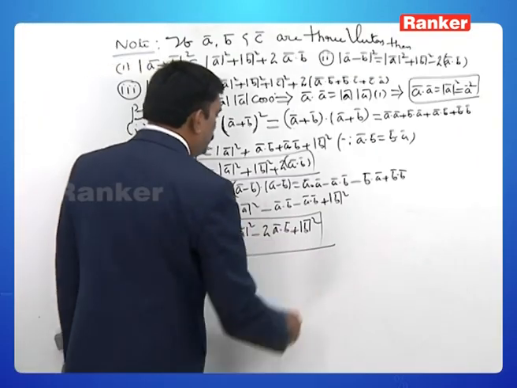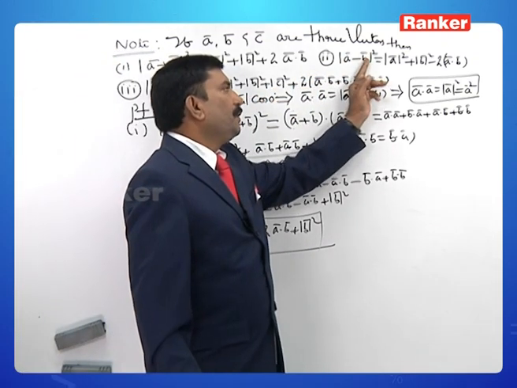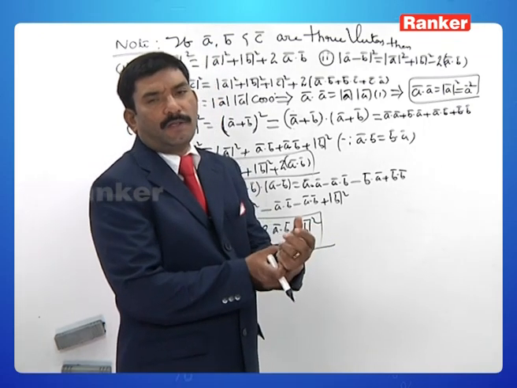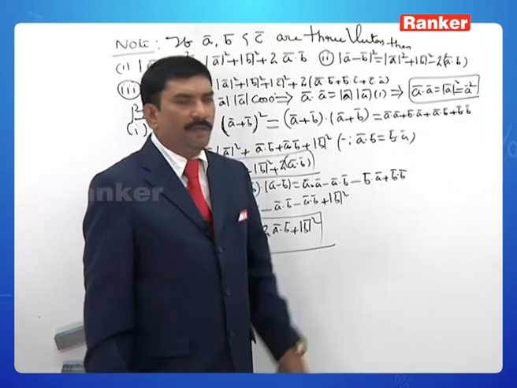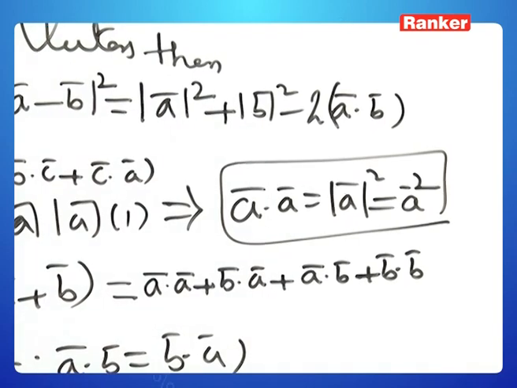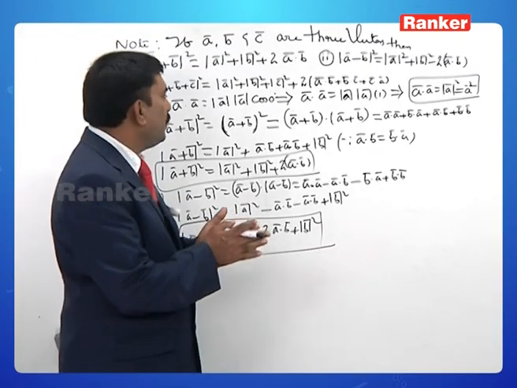Yes, we got it. Modulus of A bar minus B bar whole square is equal to mod A whole square plus mod B whole square minus 2 into A bar dot B bar.